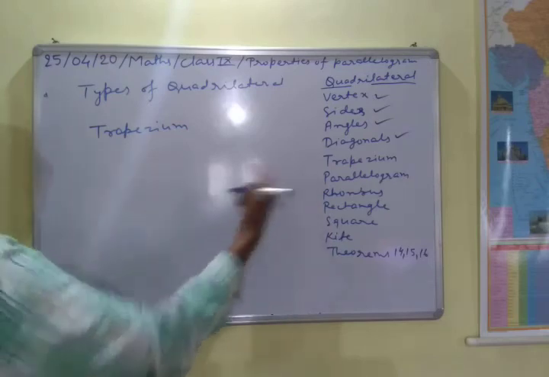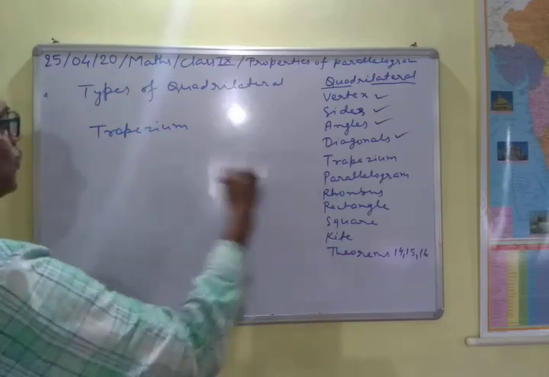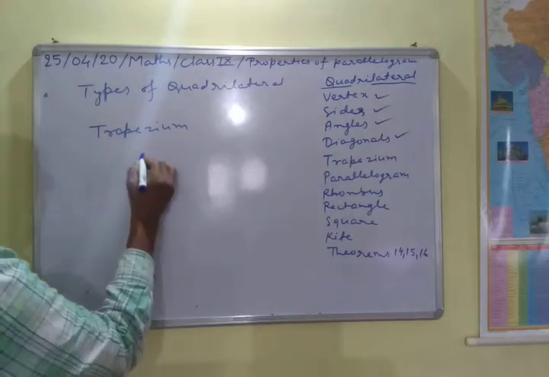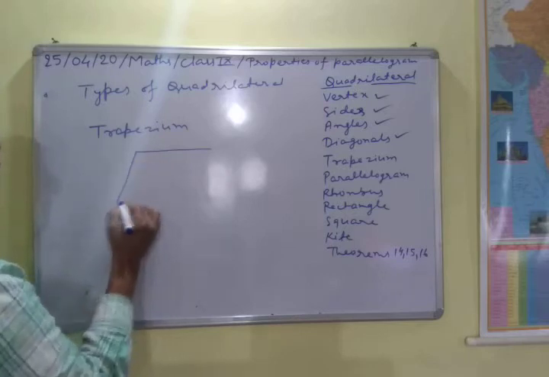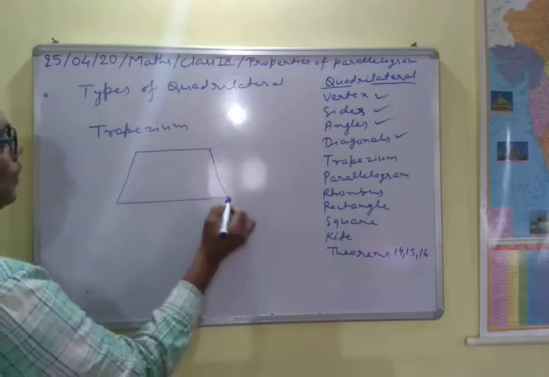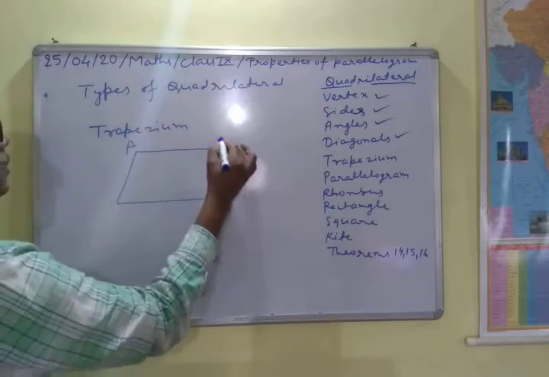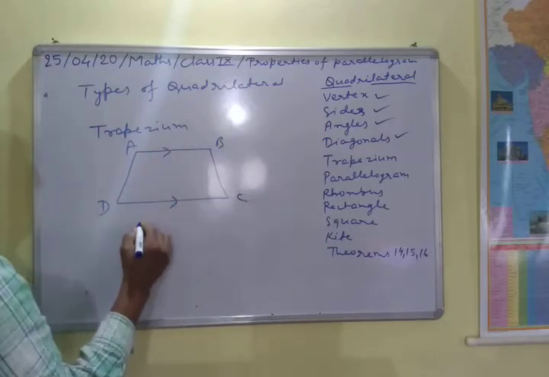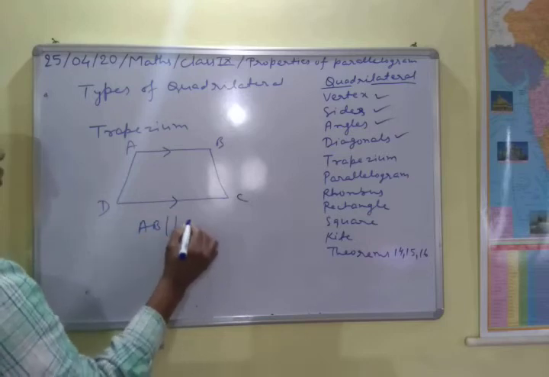Then you have the parallelogram. First discuss trapezium. What is trapezium? In this trapezium, the only condition is that two sides are parallel. Like this, if we draw the diagram, and A, B, C, D here. Suppose this and this are parallel. That is here AB parallel to DC.